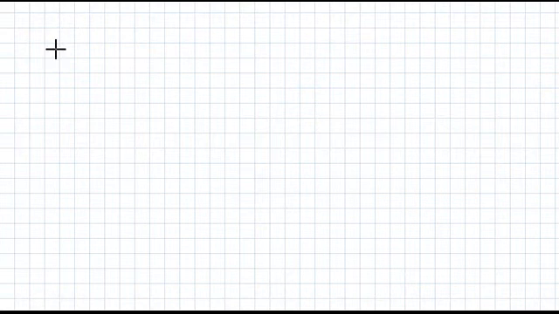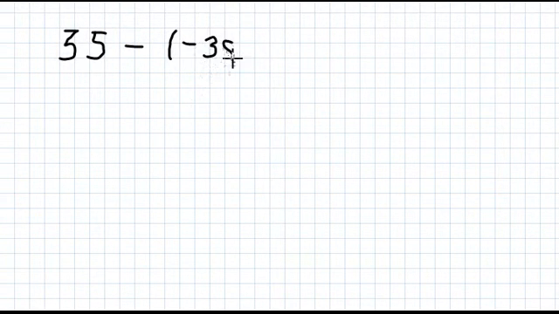Alright, these problems are going to get progressively a little bit more difficult. Alright, let's look at this one here. We have 35 minus, and then in parentheses, I'm going to have a negative 38 plus 20. And I'm just going to go ahead and tell you what the answer is.